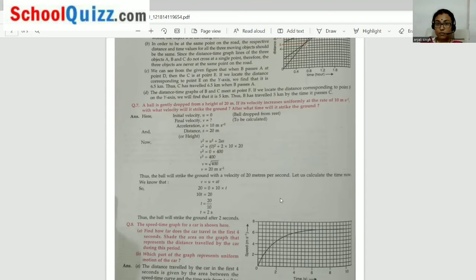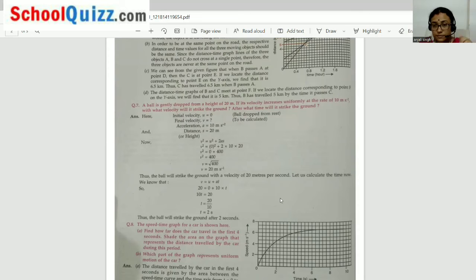We have u, we have a, and the distance traveled by the ball is 20 meter. So we have u, a, and s, and we have to find v.